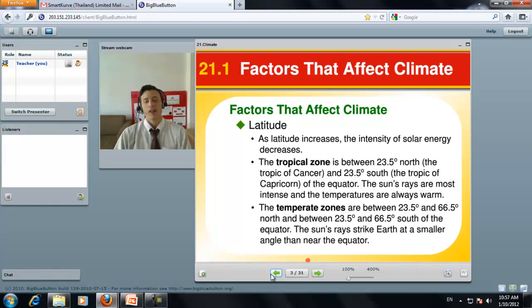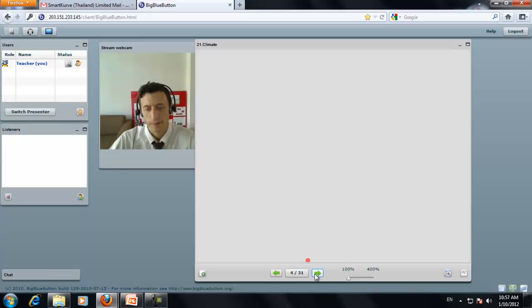The sun's rays strike the Earth at a smaller angle, and so we get less intense solar rays. We get a lower intensity of sunlight, so we tend to find cooler temperatures.